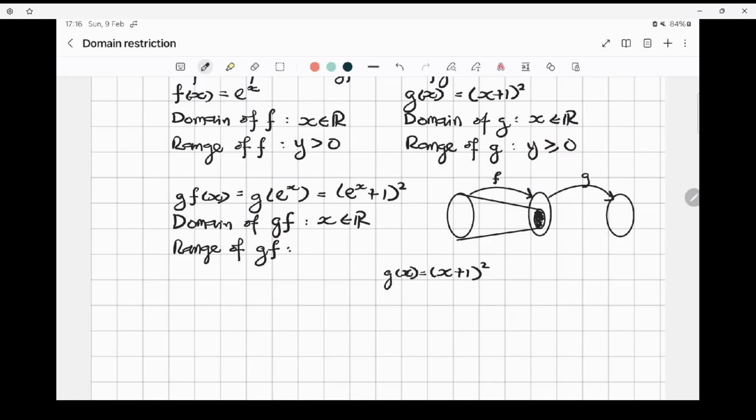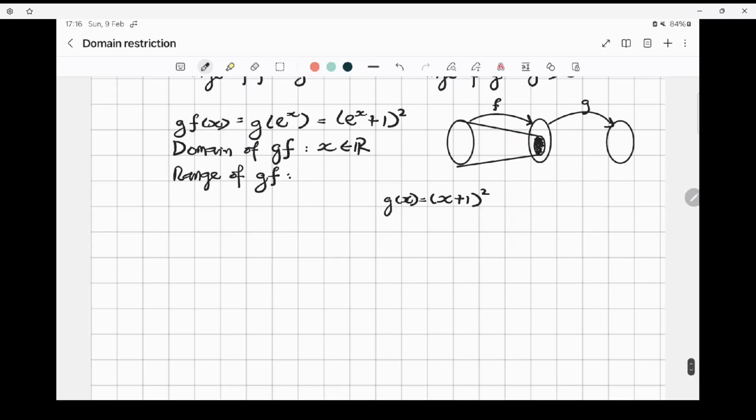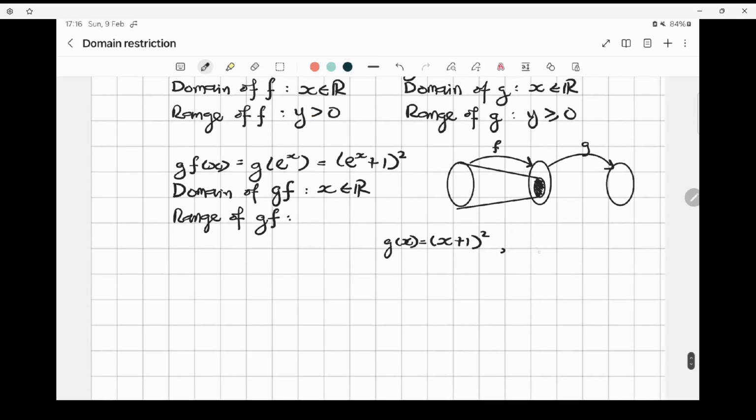The range of f is as if you are trying to find the range of g given this particular set of domain. Then you can substitute x equals 0 inside, and you find that the smallest number that you can get is 1. So the range of gf is y greater than 1. There's no equal sign because over here there's no equal sign. That's how you can find the range of gf using this particular method.